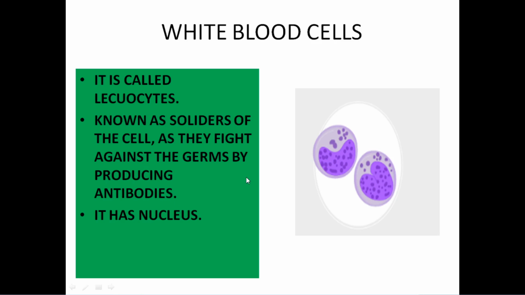Suppose whenever a foreign body, a foreign particle enters the body through your nose, through your food, it enters the internal structure of the body. There, these white blood cells produce antibodies against the foreign material and they will kill them.